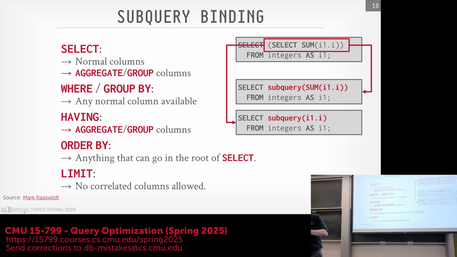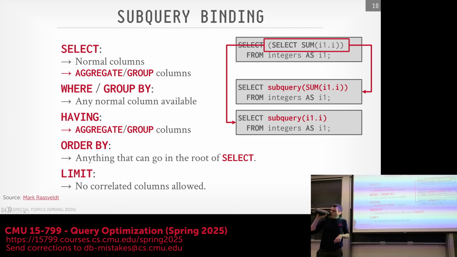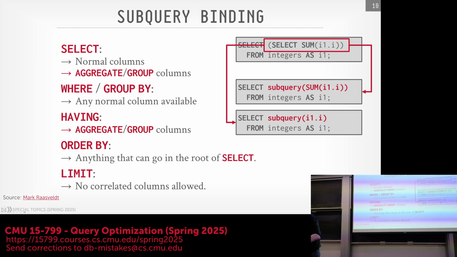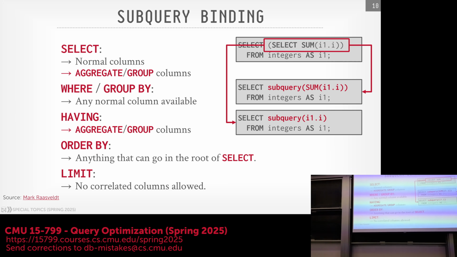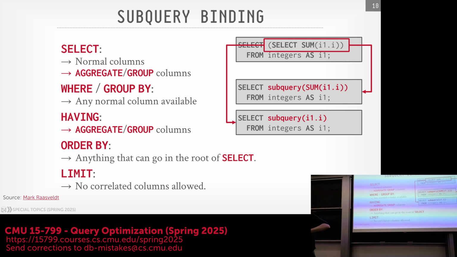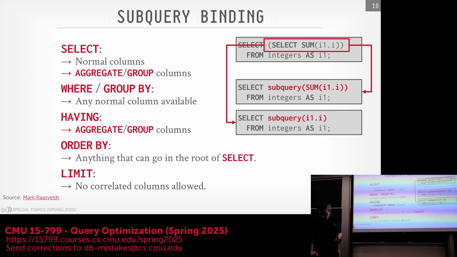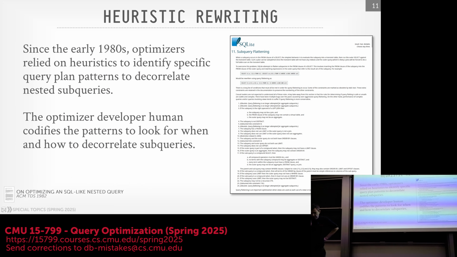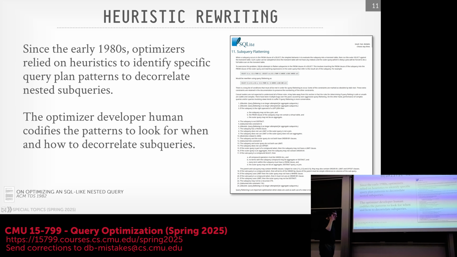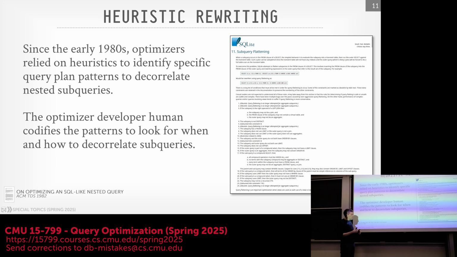Okay. So nested queries can be nasty. How do we actually deal with them in our optimizer? As I said, since the early 1980s, there have been many proposals about heuristics and rules to do this rewriting.